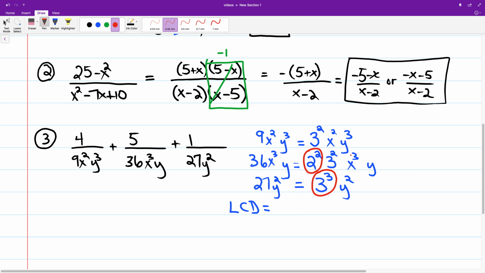And for x, the highest order is x to the third. And as for y, this is going to be y to the third. These 3 individual rational expressions are already in simplest form, and so the least common denominator will be taking the highest degree multiples of what we have among the factors.